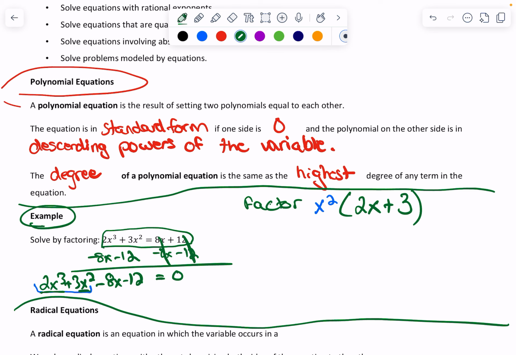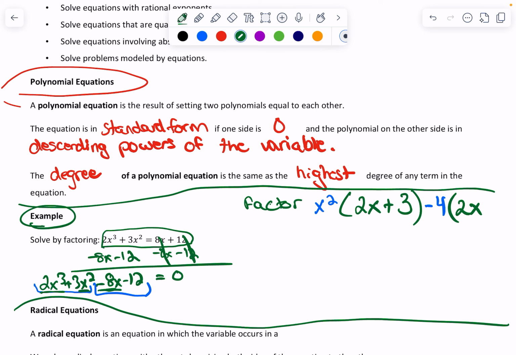Then we're going to factor negative 8x minus 12. Both of them have a negative sign, so we're going to take the negative sign out front. The greatest common factor of 8 and 12 is going to be 4. We open the parentheses. 8 divided by 4 is 2. 4 times 2 is 8, so that's where we get this, and then we need the x here, so that negative 4 times 2x is negative 8x.